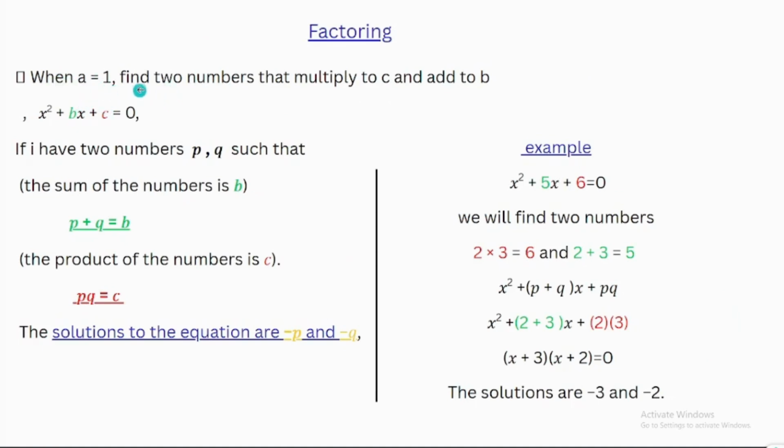When a equals 1 in the formula x squared plus bx plus c equals 0, the coefficient is 1.